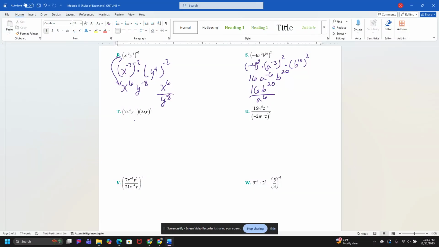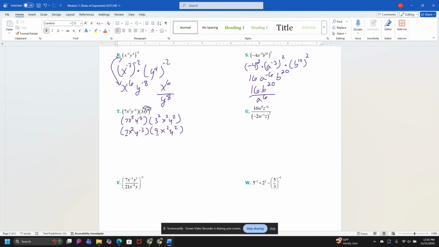So this is one that I'd show to you in a couple of steps. There's nothing really to do to the first. This one's 3 squared, x squared, and y squared whenever I distribute my 2 into everybody. And I can just rewrite that, because 3 squared is 9. Again, you're going to multiply the powers in the front.